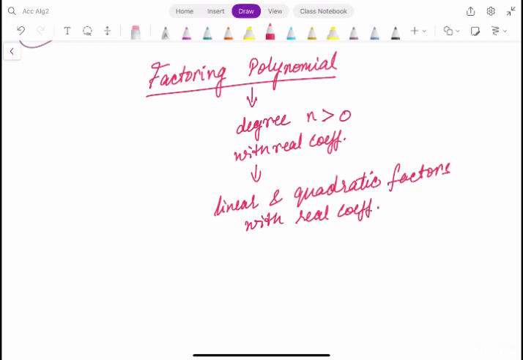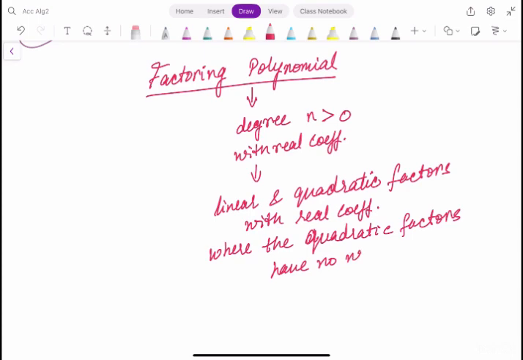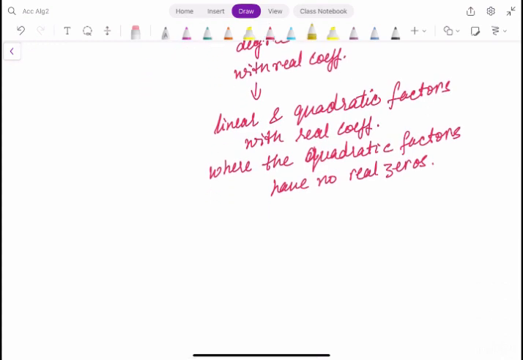And when we are talking about the quadratic factors, there might be a case where the quadratic factors will not have real zeros. So when we are talking about no real zeros, we are looking for a factor that is prime or irreducible over the reals. That means I cannot reduce it further. I will help you understand with an example.